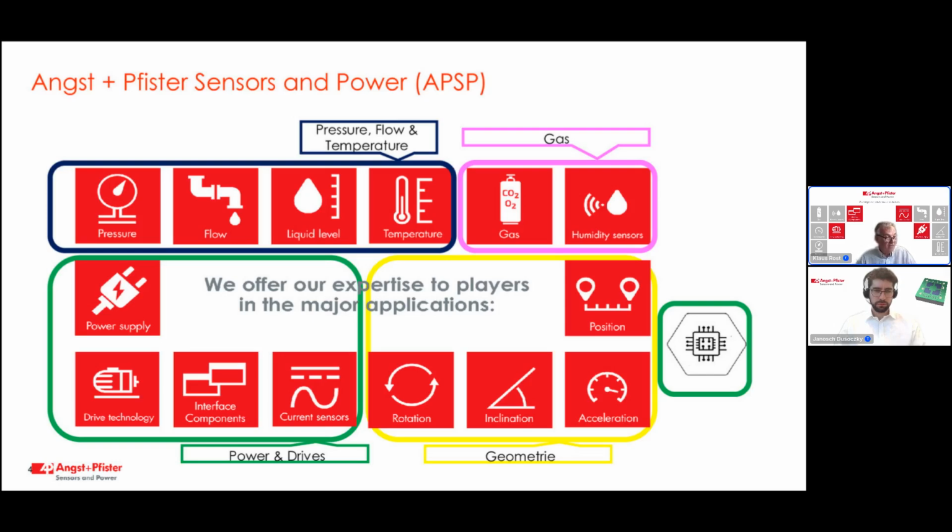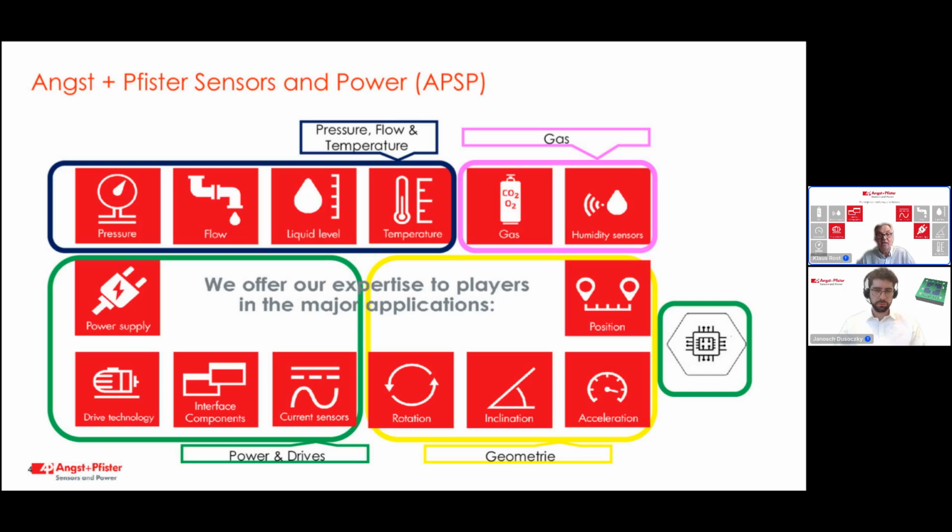The second segment is geometry. There we have components that can measure rotation, inclination, acceleration, and position. The third segment is the gas segment, the purple one on the right upside. There we concentrate on gas sensors for hydrogen and oxygen, and we also have humidity sensors in our portfolio.